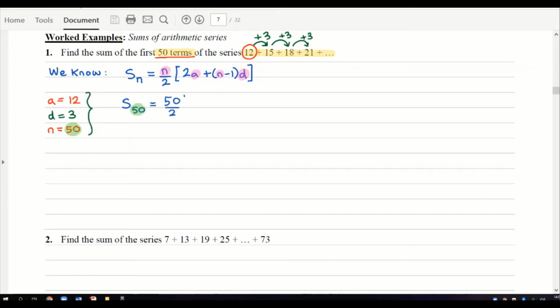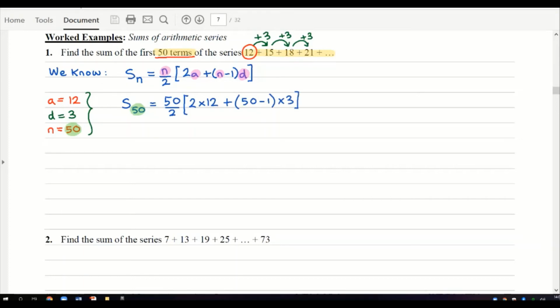And then we're multiplying that by 2 lots of a, so that's 2 multiplied by 12. And then we're going to add n subtract 1, so that's 50 subtract 1 multiplied by D, which is the common difference.